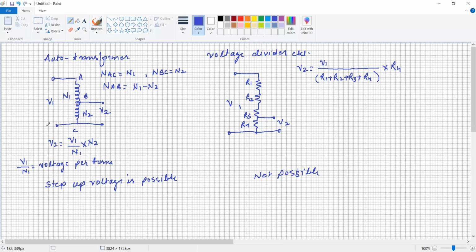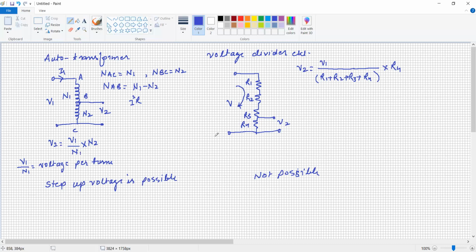In the case of an auto transformer, the copper losses, the ohmic I square R loss, are small. At the same time, here the ohmic loss is very high because the current is constant. Here the current is constant, whereas the primary current I1 depends upon the load condition.